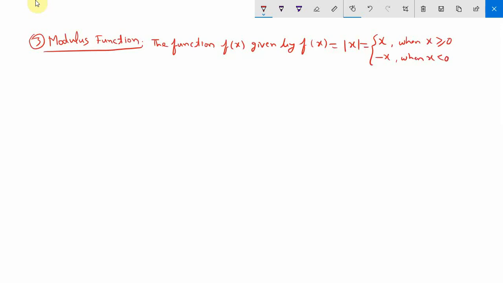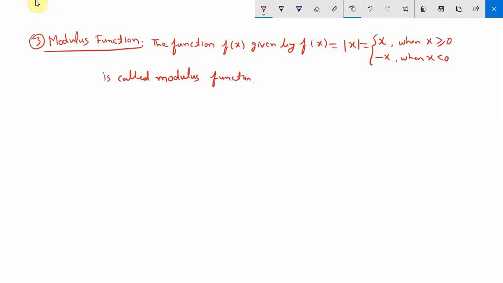It will always be positive. So the function defined by f(x) equal to mod x is called modulus function. Okay.